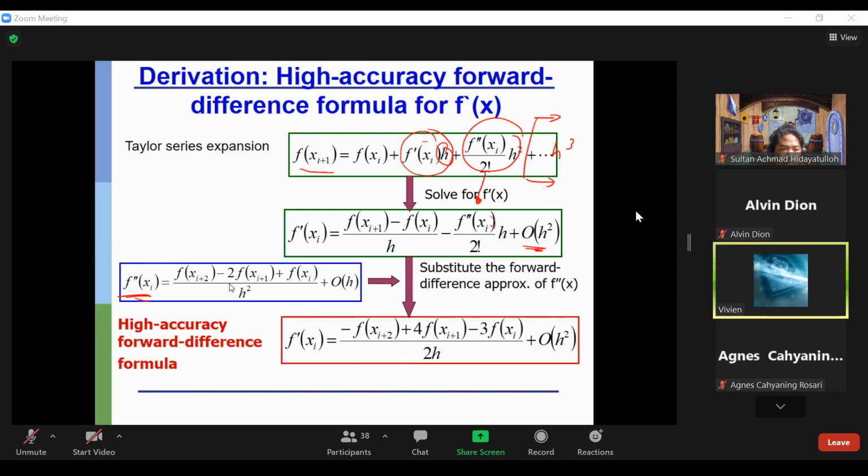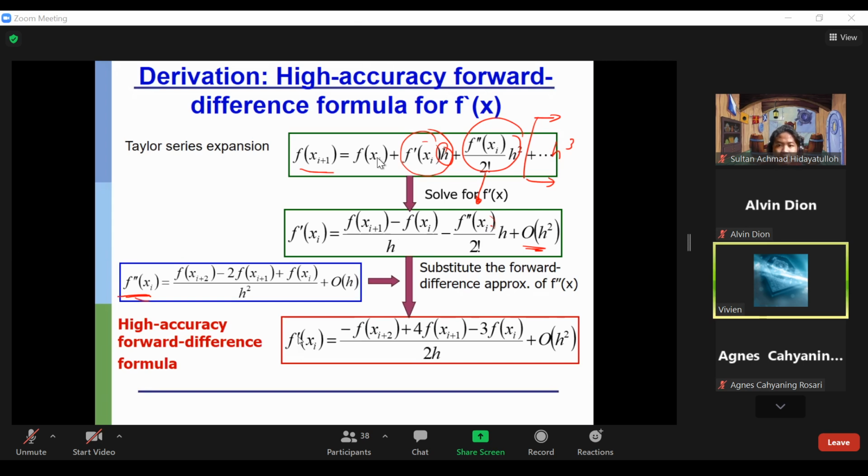So we see here that when we include the second derivative in the calculation using the first order approach, the same forward scheme, first order, second derivative, we substitute it here in the equations so that now we have the higher order forward scheme.